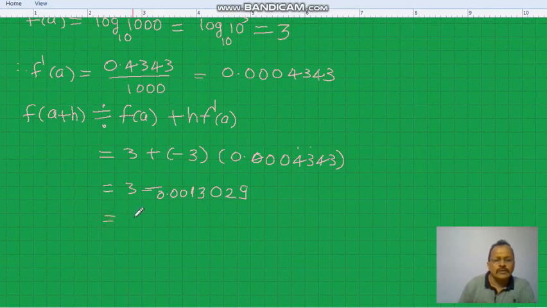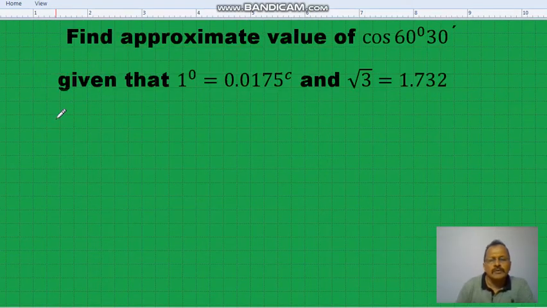This is equal to 2.9986971. This is the final answer of log of 997 to the base 10, approximately 2.9986974.